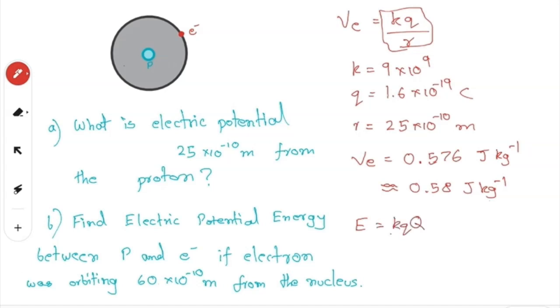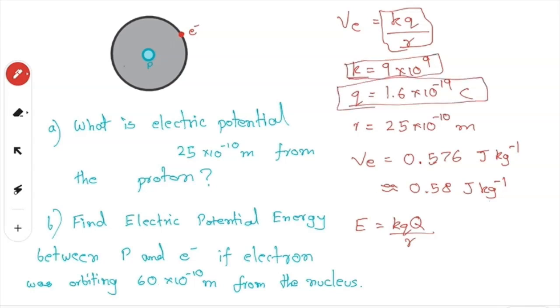We have the value of k, which would be this one. We have the value of q, and the value of capital Q would just be the same as this in magnitude, because protons and electrons have the same magnitude of charge. The r value that we're going to substitute comes from this, and that's pretty much it. We substitute all these values in, and we should get the answer.